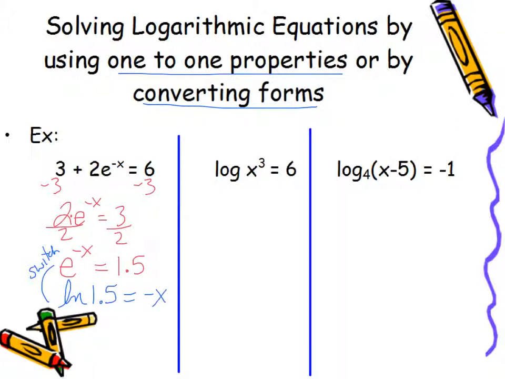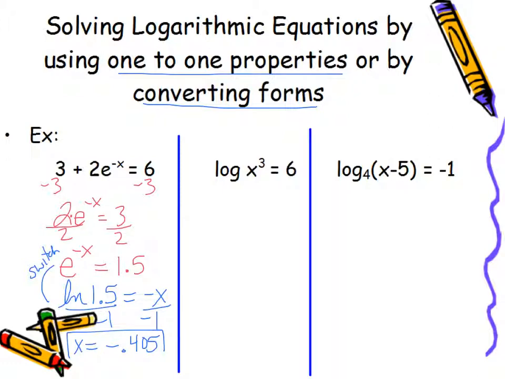Okay, well this natural log of 1.5 is just something I can type in my calculator, and I'm just going to divide it by a negative 1. So when I type the natural log of 1.5 in my calculator, I get 0.405, but since I'm dividing it by a negative, I'm going to end up with x equaling negative 0.405. And that's my answer. All right, let's try another one.